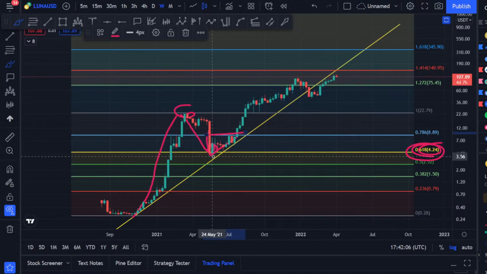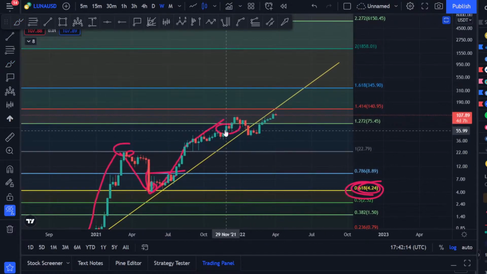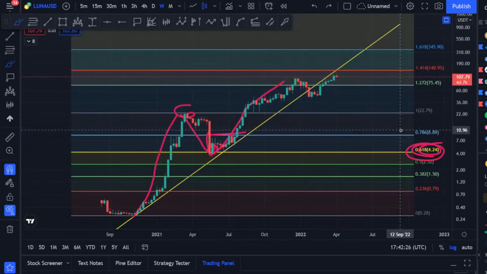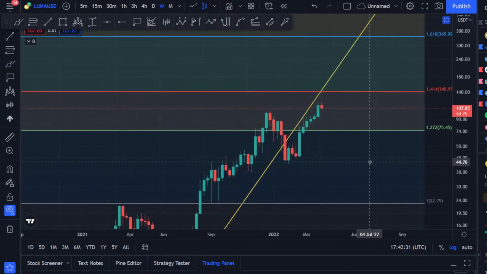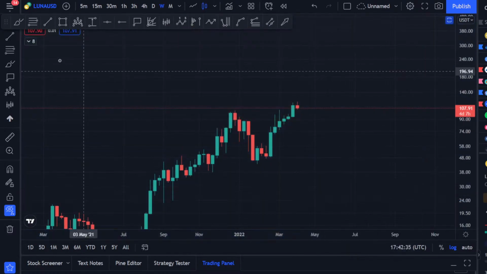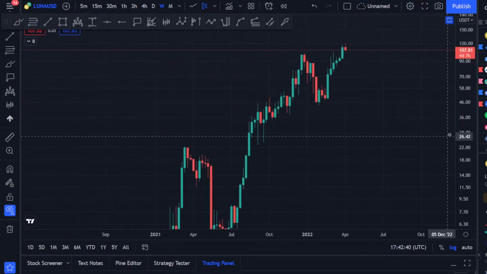Momentum happened, made a good ascending triangle formation, moved towards the upside. Okay, it went and broke the 1.272 level. It couldn't get to the 1.414 level, and that's what it was trying to go and get to. Okay, so now with Luna, let's take this off for a second and see what it's doing right from here.